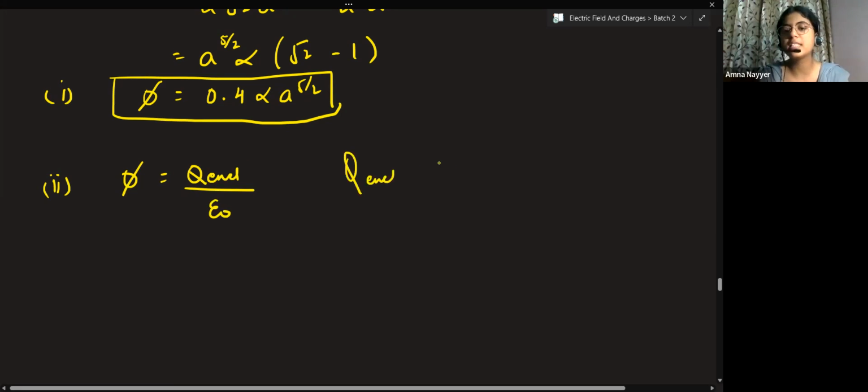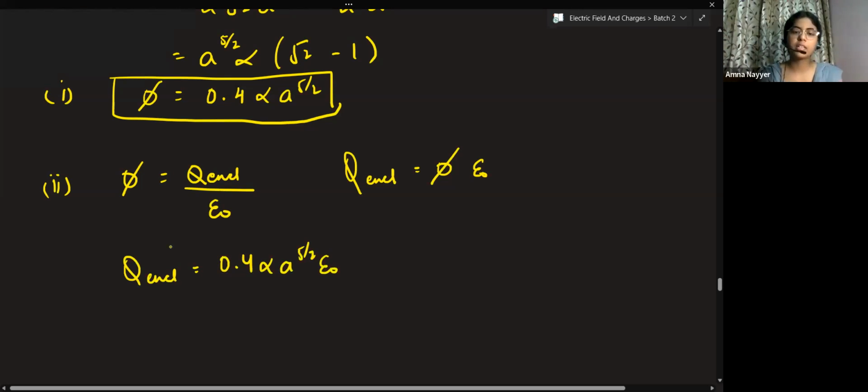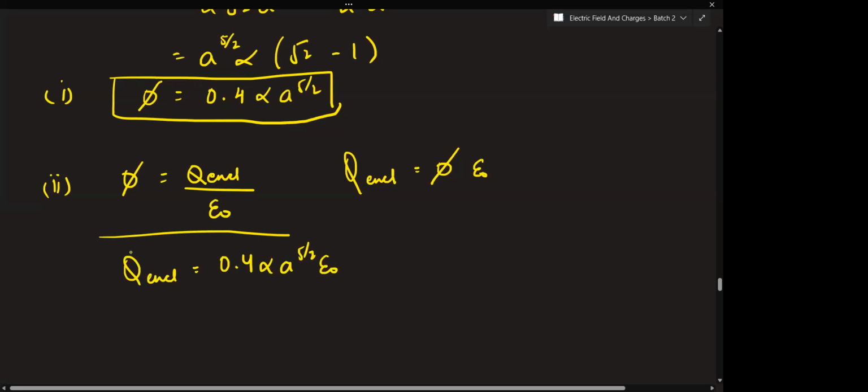Charge enclosed is flux multiplied by epsilon naught. Epsilon naught is a constant which you know. Flux we have already calculated. So can we get the charge enclosed by just multiplying 0.4 alpha a to the power 5 by 2 with epsilon naught? Yes. So this will be your final charge.